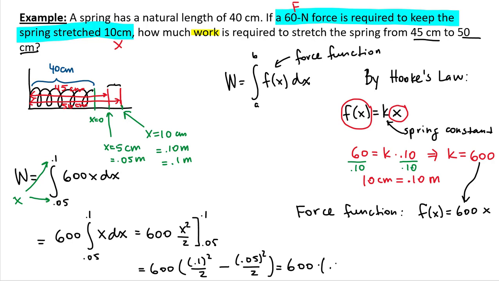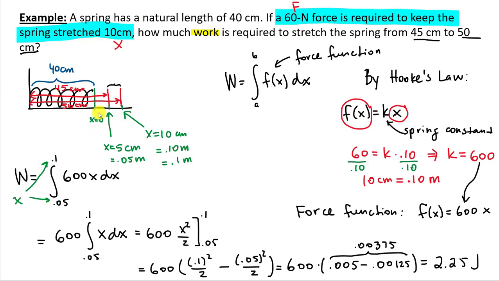So that's 0.005 minus 0.00125. This difference gives me 0.00375. And the final answer is 2.25. That's work, so the units are joules: 2.25 joules.